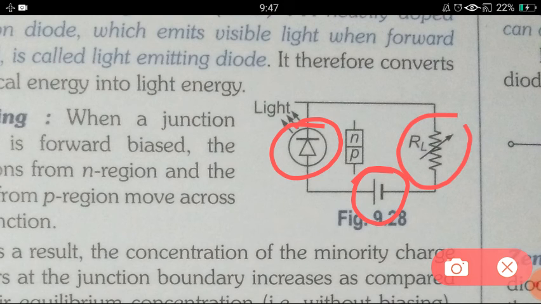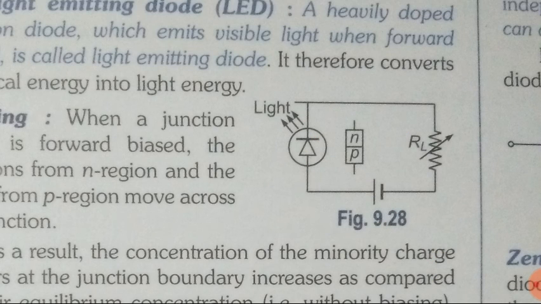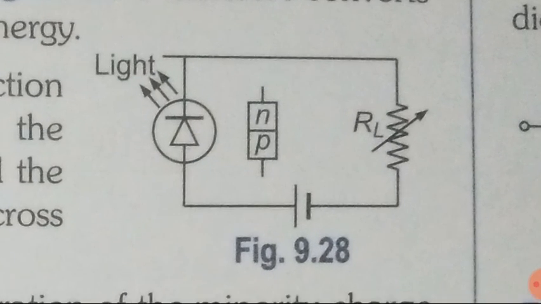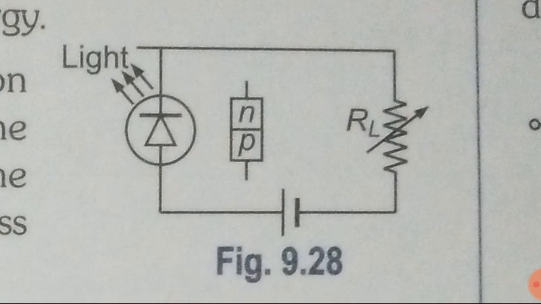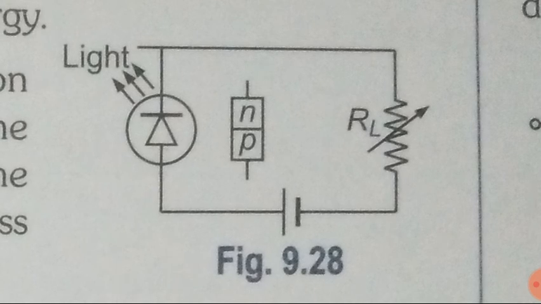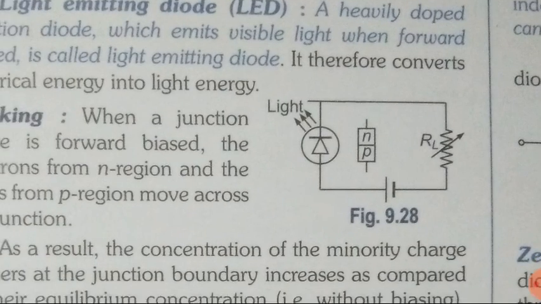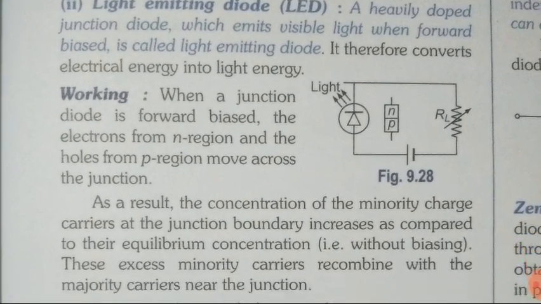And here we have a rheostat, that means a variable resistance. You can see the P type is connected to the positive terminal and the N type to the negative terminal, so this PN junction is forward biased. When a sufficient amount of current or voltage is supplied, the PN junction emits light. That's why it is called a light emitting diode.